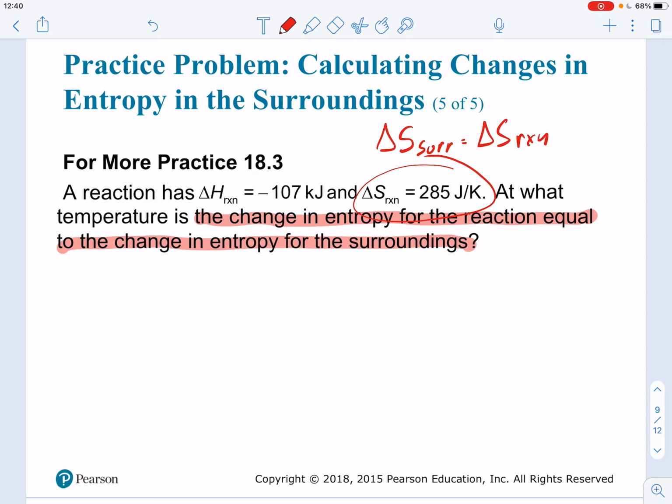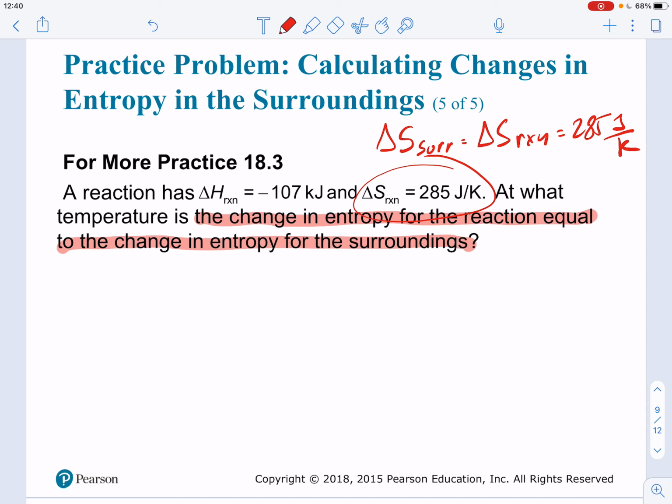And since the change in entropy for the reaction is equal to 285, that's exactly what we are saying here. 285 joules per Kelvin. So we are setting the change in entropy for the surroundings equal to 285 joules per Kelvin.